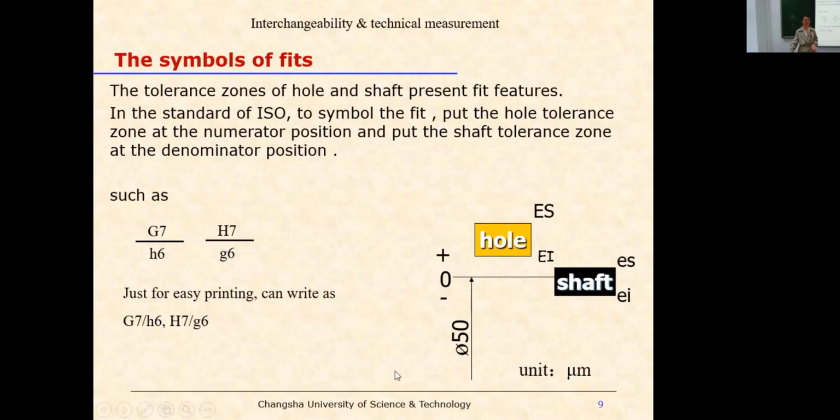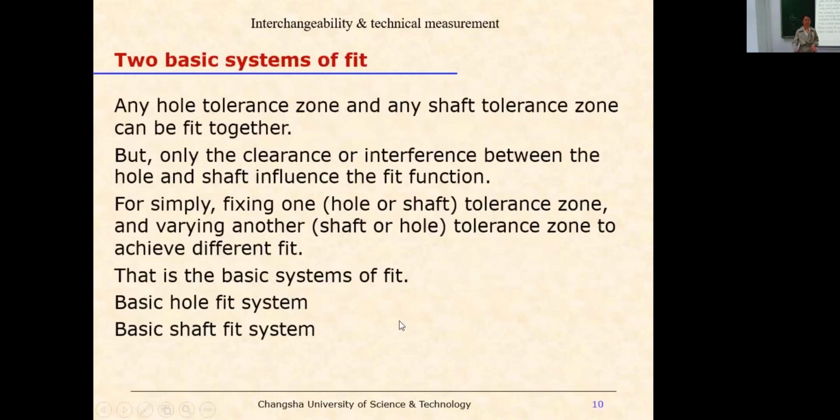Okay. Any hole tolerance zone and any shaft tolerance zone can be fit together. It means that this one is the hole, this one and this one. This is the hole, right? This tolerance figure is on page 28, right?